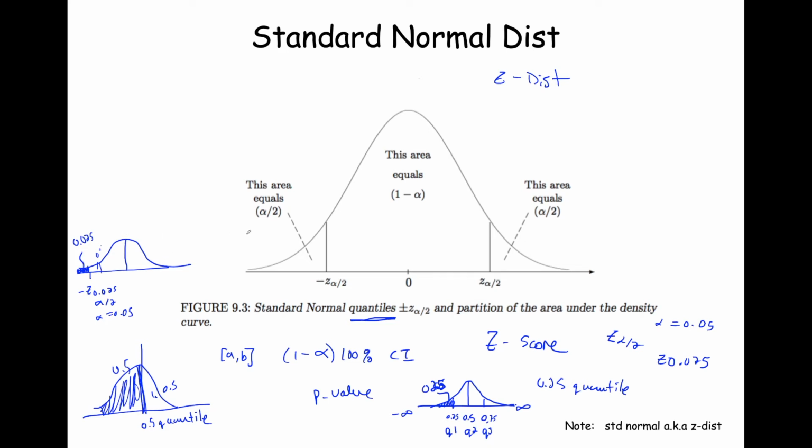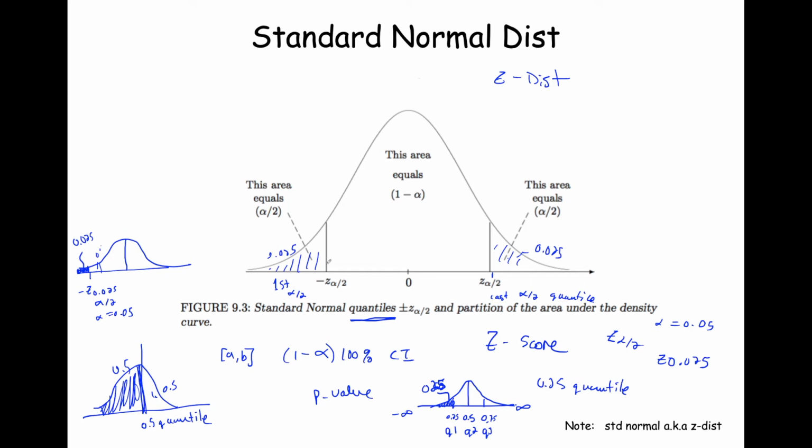And so here we have the first alpha over 2 quantile, and here we have the last alpha over 2 quantile. The probability of this region is 0.025, and the probability of this region is also 0.025.